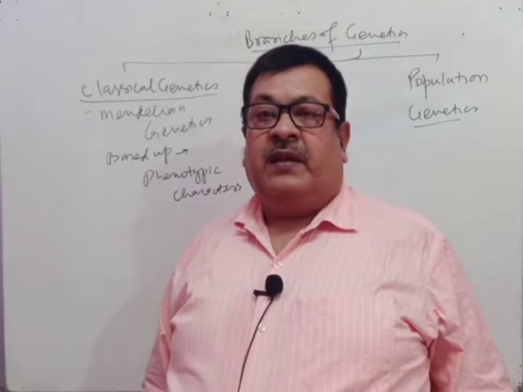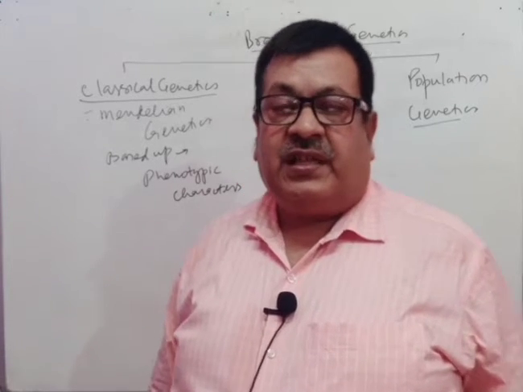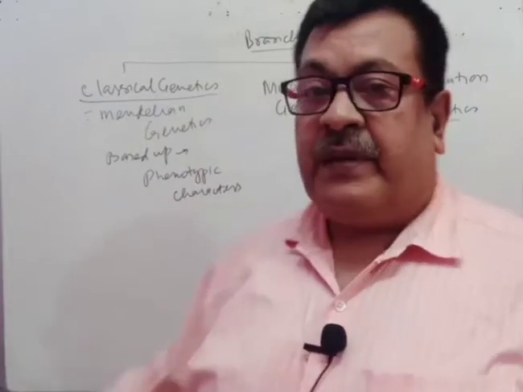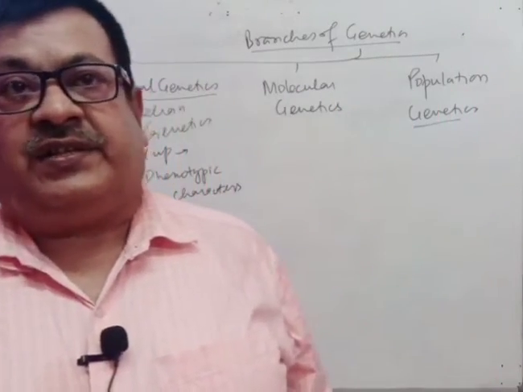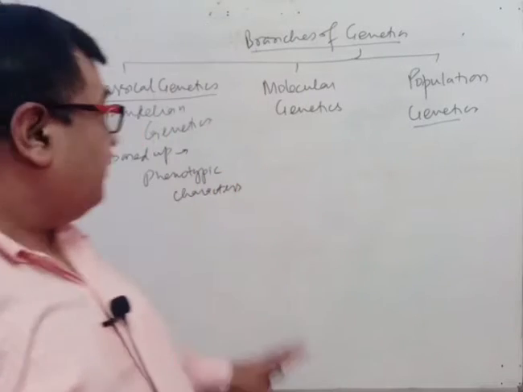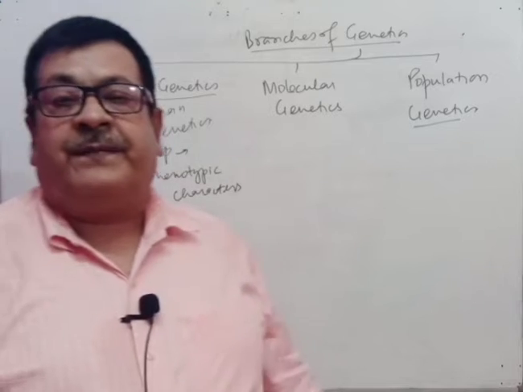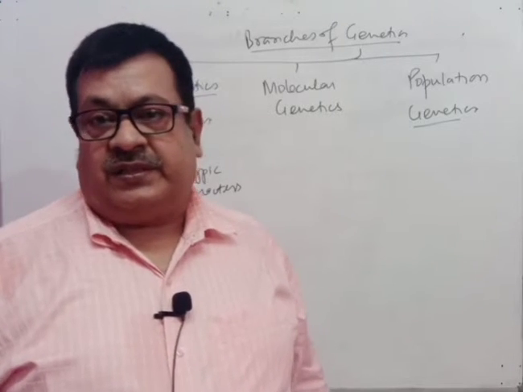It does not explain the basic ideas of metabolism involved in that variation, that inheritance. So the father of classical genetics is Mendel, and hence it is called Mendelian genetics.